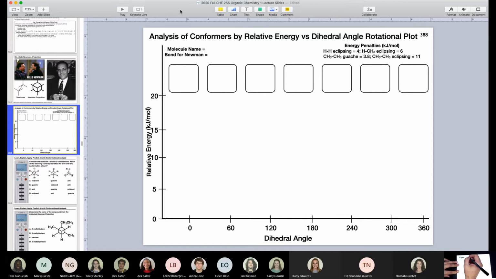We're going to look down, say, the carbon 2, carbon 3 bond. So if I do that, we're looking down 2,3.